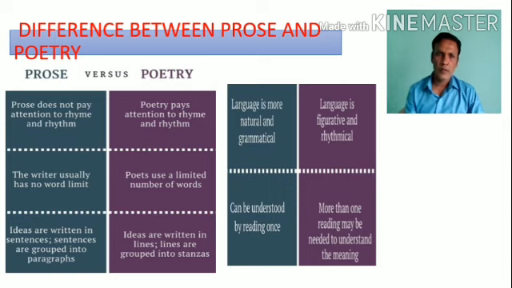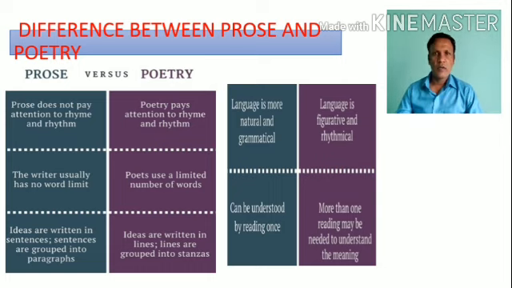Take a simple example. If there is a sentence in prose, she wears a black dress, it means that the literal or the simple meaning of that sentence may be that the color of her dress is black. But if the same line, she wears a black dress, is there in poetry, then it may have more than one meaning.